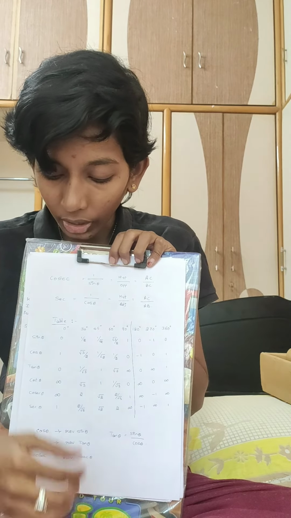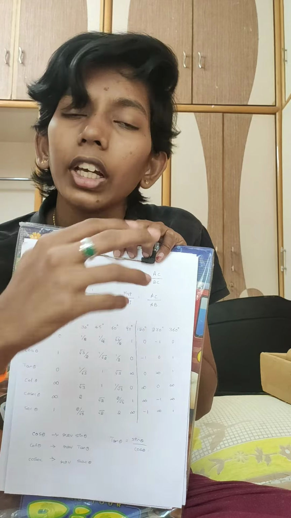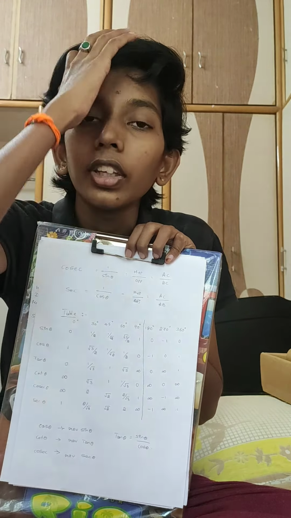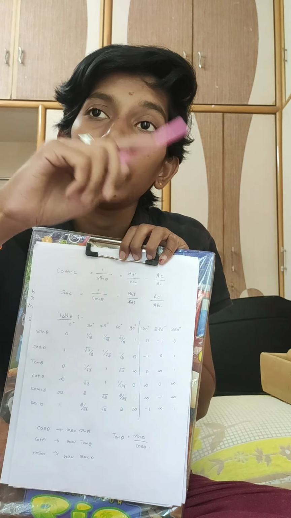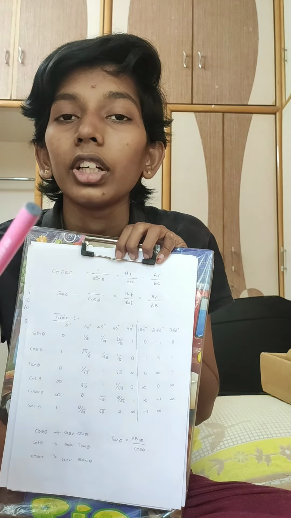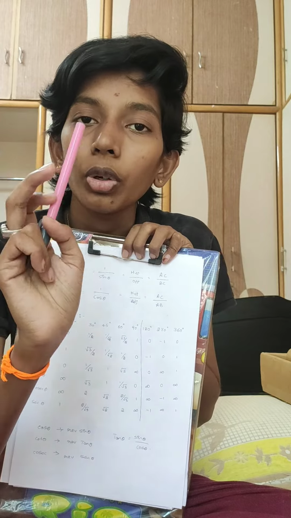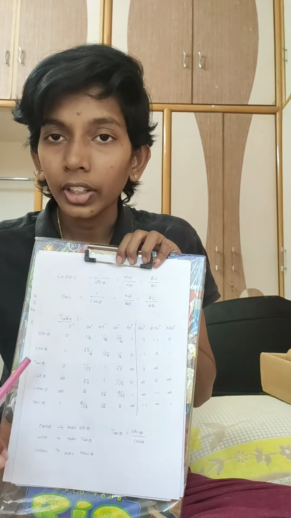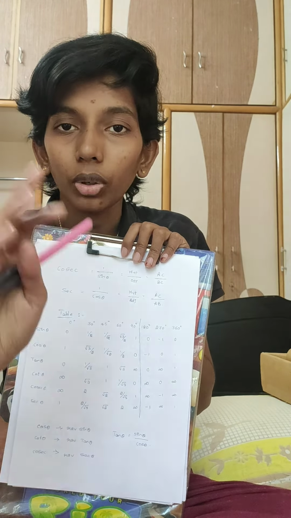If it is 0 divided by any number, not just 1, 2, 3, any number, then the value would remain 0. If it is any number divided by 0, then the value would remain infinity. You have to remember these two important things, because these are the things where people get confused. Now you got tan theta just because it is sin theta by cos theta.